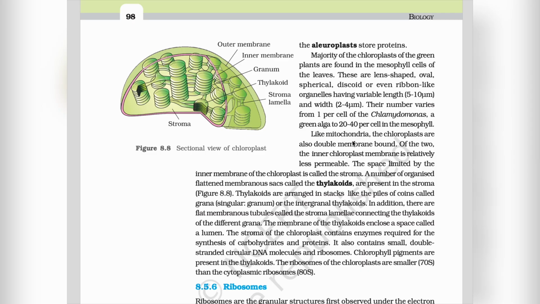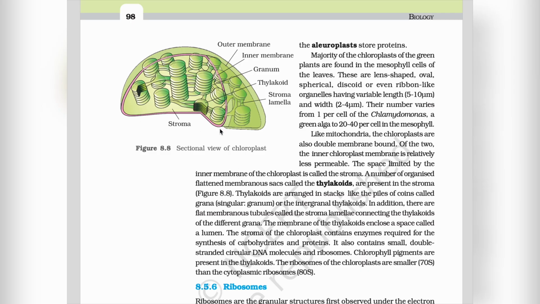Like mitochondria, the chloroplasts are also double membrane bound. Of the two, the inner chloroplast membrane is relatively less permeable. The space limited by the inner membrane of the chloroplast is called the stroma. A number of organized flattened membranous sacs called the thylakoids are present in the stroma, as can be seen in figure 8.8.